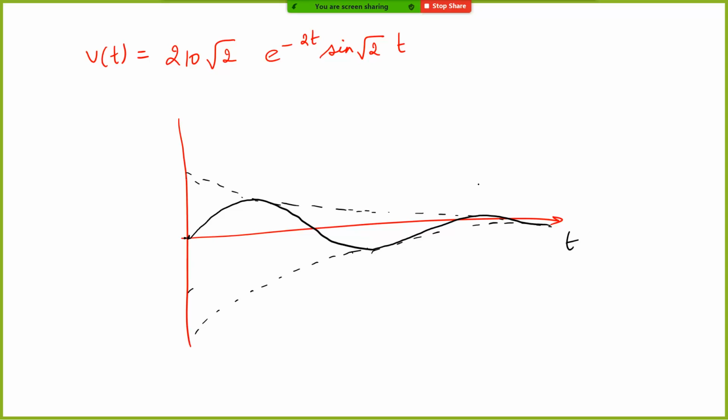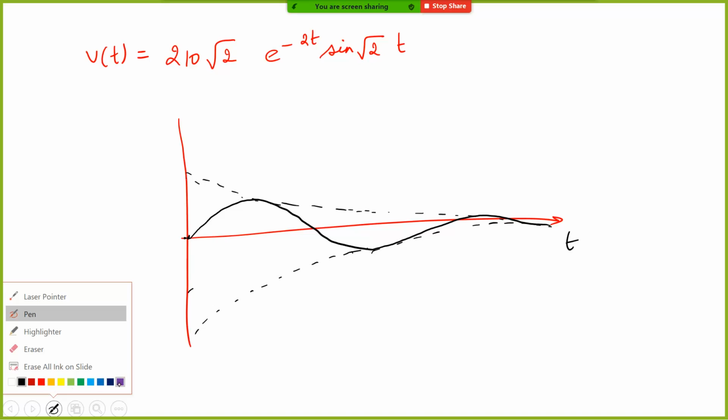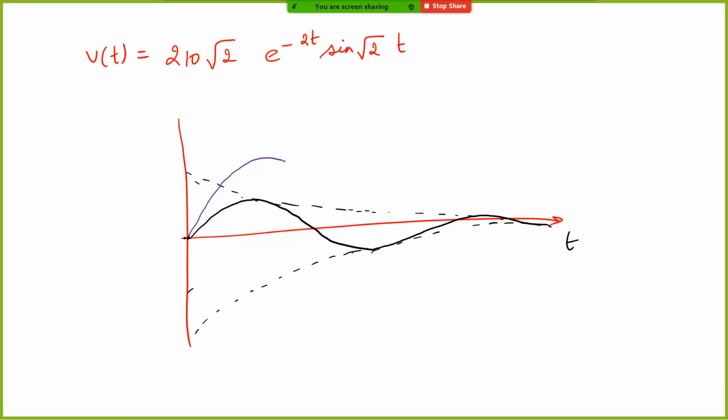So what happens is, when you go for an overdamped system, you never had so many wiggles, right? You just basically had one. The overdamped system would have looked something like this, or rather, maybe like this.